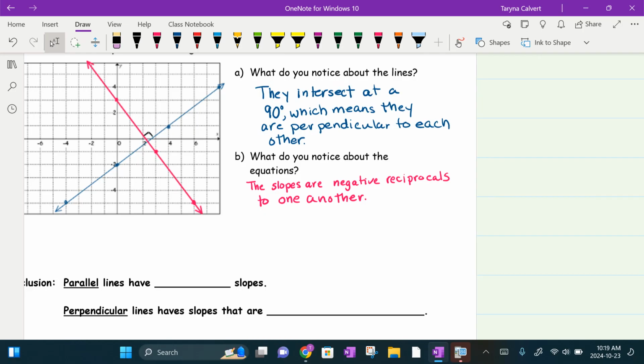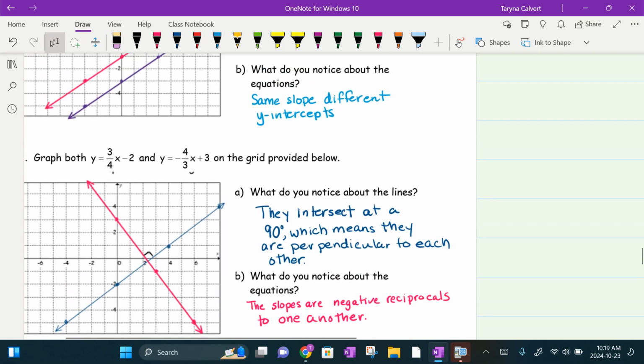So that just means one has to be positive, one has to be negative, and one slope, when you look at it, has to be exactly the same as the other slope except flipped. That's what you're looking for. Because you will be asked, guys, I will give you two linear equations and ask you, are they parallel, perpendicular, or neither?